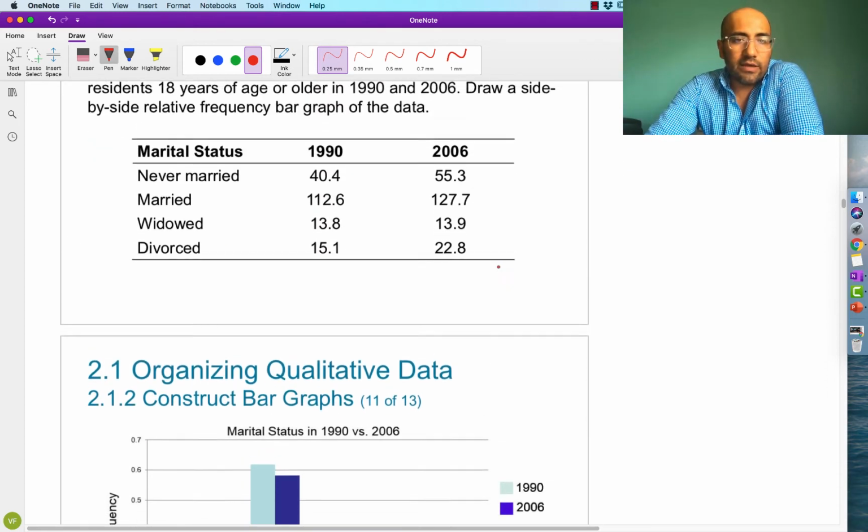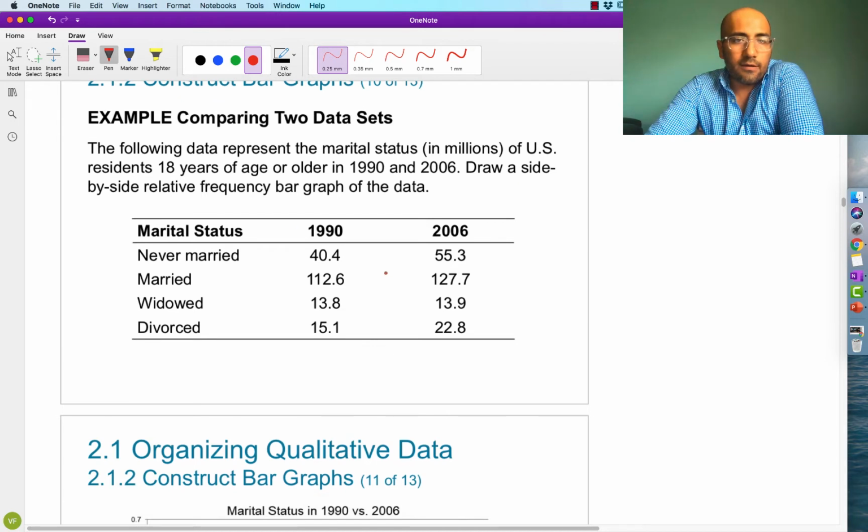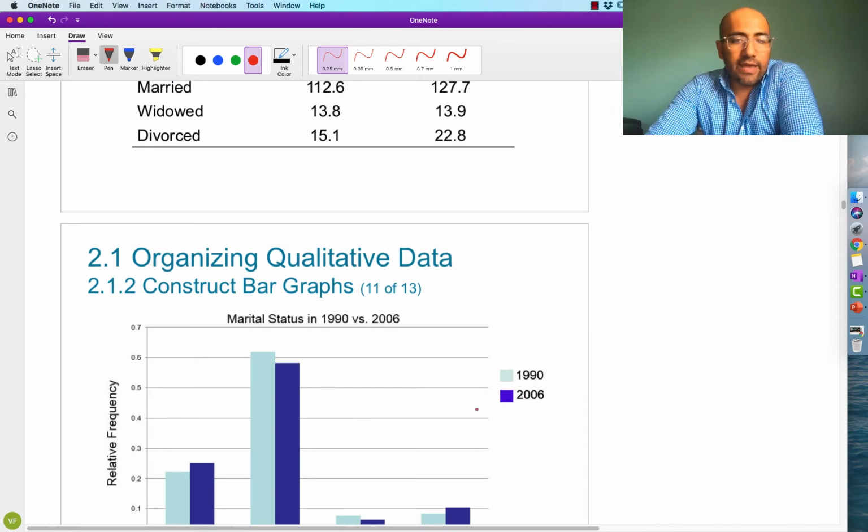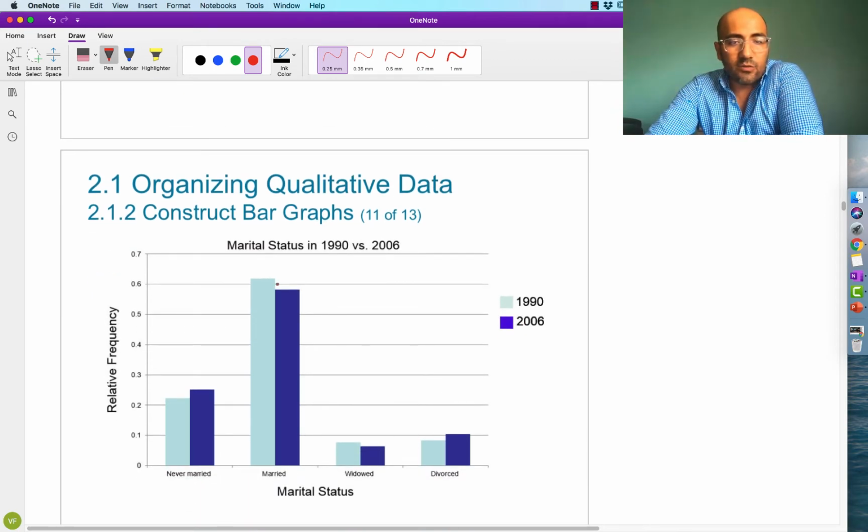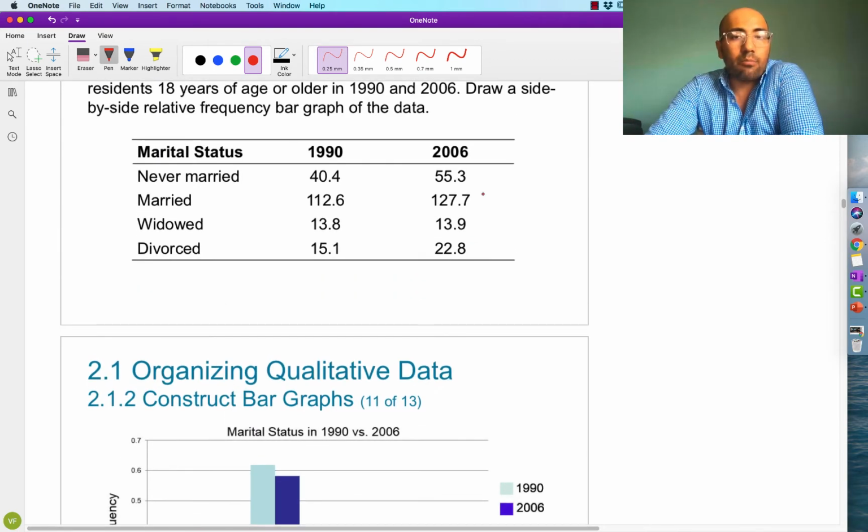If we go back and look at our table for frequency values, the actual number of people married increased from 112.6 million to 127.7 million, so it went up by a little. But if we look at relative frequency, it actually went down, right? As a proportion of all the people in 2006, it was a smaller proportion of people that were married, right?